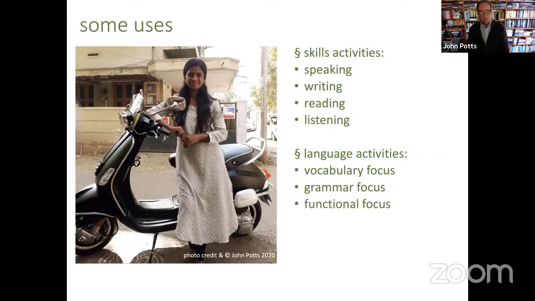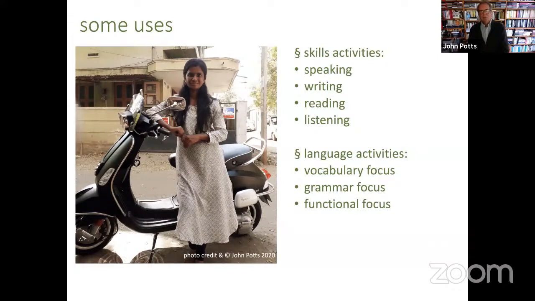And I'd just like to check with you that you're happy about that word, functional focus. Functions are what we do with the language, like when we express preferences or make suggestions, or when we admit or deny something, or invite somebody, or apologize for something. These are all called different functions.